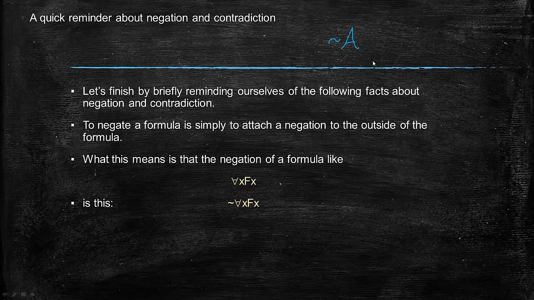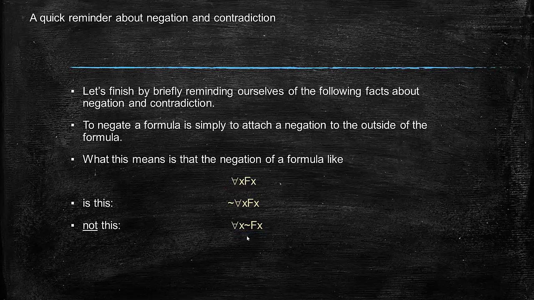And importantly, you can't insert a negation here and get the negation of this formula. So this is something completely different. Let's let F say funny. This says it's not the case that everything is funny, so something's not funny. But this says nothing is funny: for all x, nothing is funny. Very, very different statements, as you know from studying predicate logic.